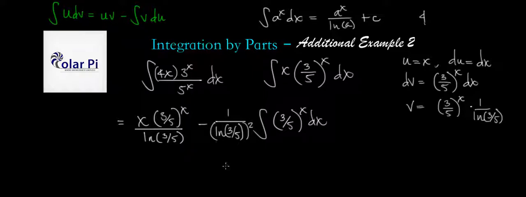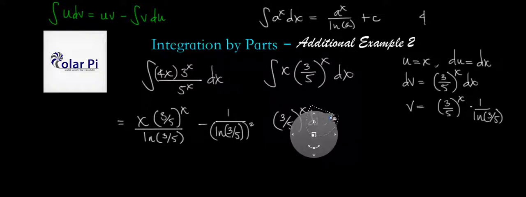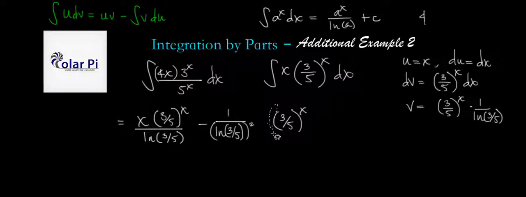So that's squared right there. Otherwise, I could get rid of the integral and just write 3 over 5 to the x, and that also means I get rid of the dx, and I need to throw on a plus c. I've saved myself some writing and some time.